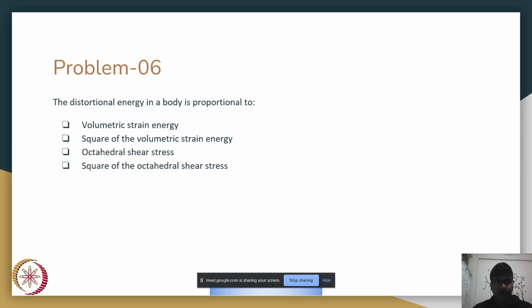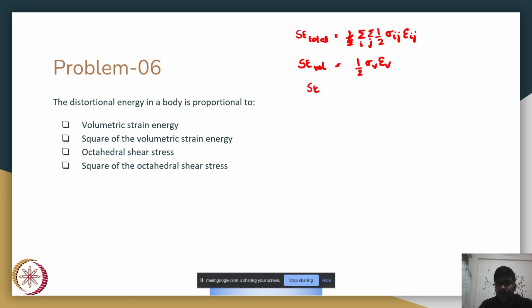Problem number 6. The distortional energy in a body is proportional to. Okay. So we know that SE total is half summation i summation j, half of sigma ij epsilon ij, and we know that your SE volume is half sigma volume epsilon volume.